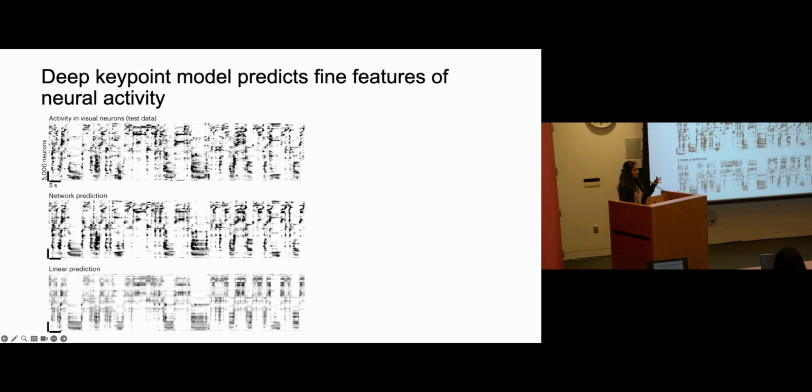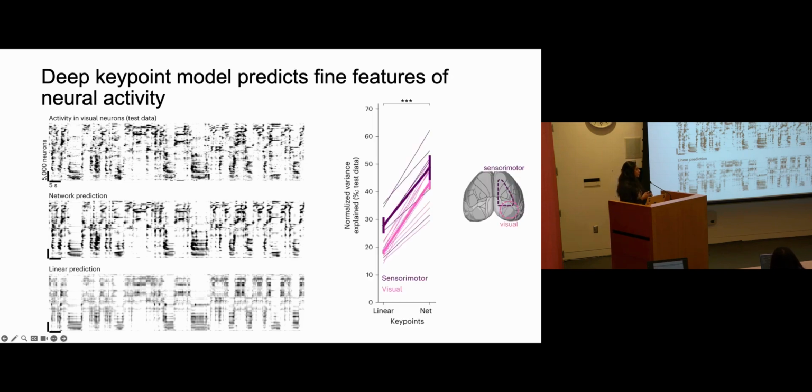Now to quantify, I'm going to plot the variance explained in our test data for multiple mice recorded in either the sensory motor region or the visual cortex. Comparing our linear model to our deep network, you can see that it almost doubles the amount of variance explained in both sensory motor and visual cortex.